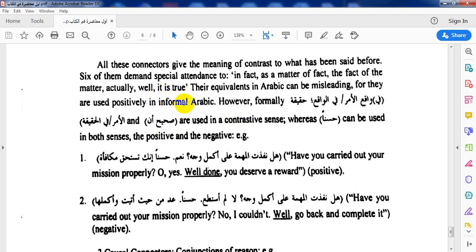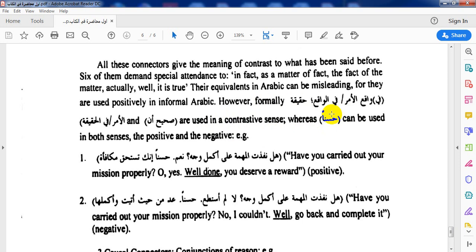So in informal Arabic, those connectors are used positively, while formally, they are used in a contrastive sense, which means they give a contradicting idea.